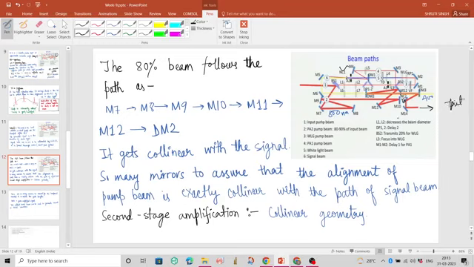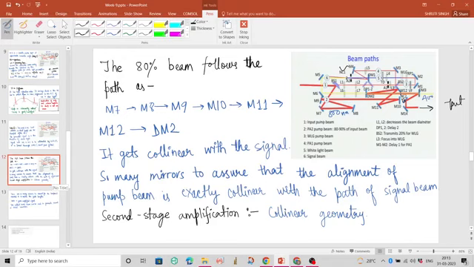This pump beam we can use further, like here we can keep one more setup for second harmonic generation or third harmonic generation as we need. So that was the path, or the whole instrumentation, of the optical parametric amplifier, the TOPAS.